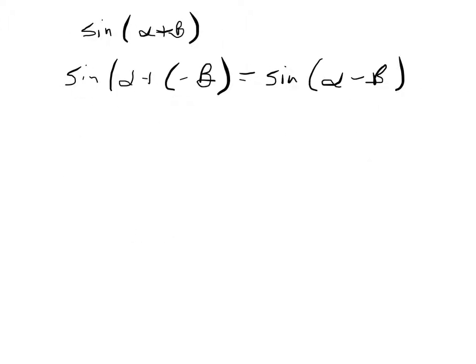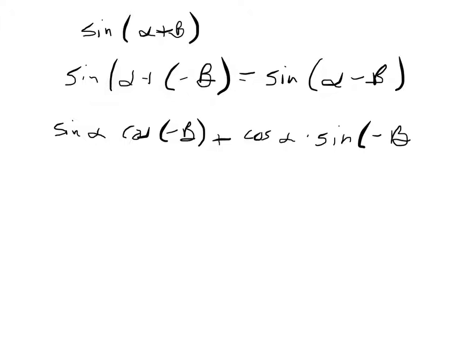So we just derived a formula for the sine of alpha plus beta. Clearly, we're going to want to derive a formula for the sine of alpha minus beta, and we'll do that by rewriting alpha minus beta as alpha plus negative beta and using the formula we just derived. So if I do that, I get sine alpha cosine of negative beta plus cosine of alpha times sine of negative beta.